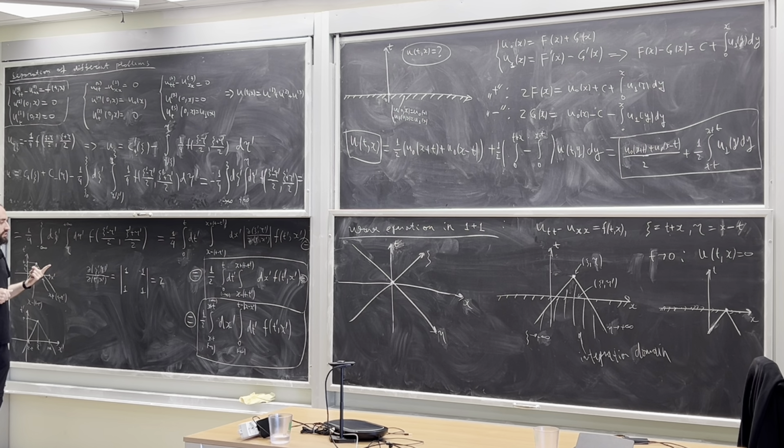When t is 0, then even this integral from 0 to t shrinks to 0. So this solution will be 0. And we can also check that its first derivative is 0 as well, because the area of this triangle grows quadratically with t when t goes to 0. So its first derivative in time is also 0.